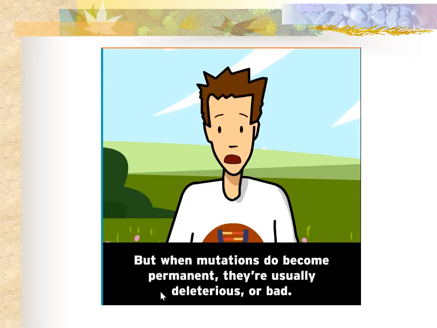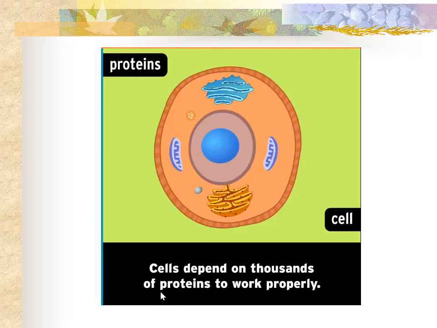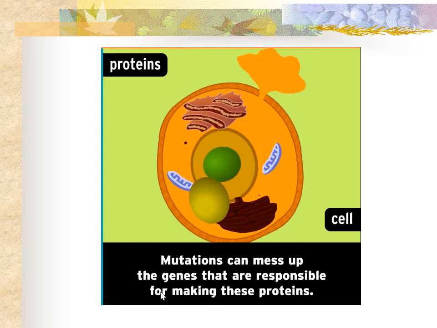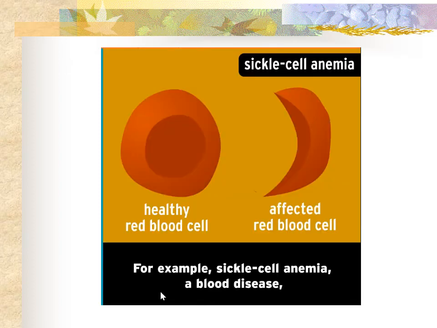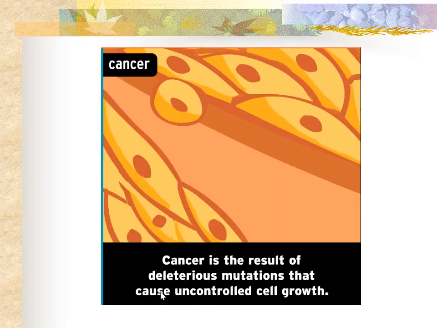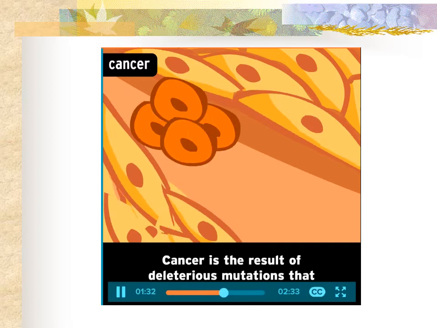But when mutations do become permanent, they're usually deleterious or bad. Cells depend on thousands of proteins to work properly. Mutations can mess up the genes that are responsible for making these proteins. For example, sickle cell anemia, a blood disease, is caused by a very small mutation in a protein encoding gene. Cancer is the result of deleterious mutations that cause uncontrolled cell growth.